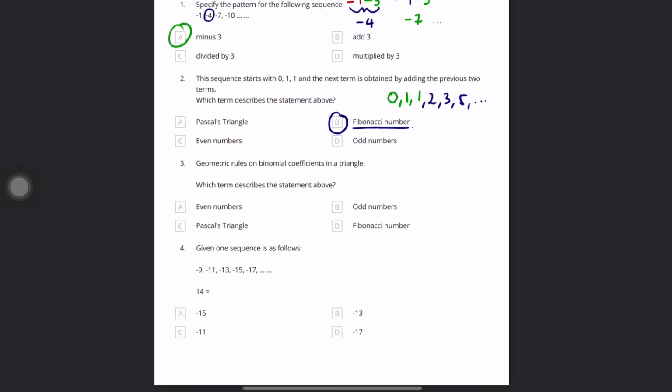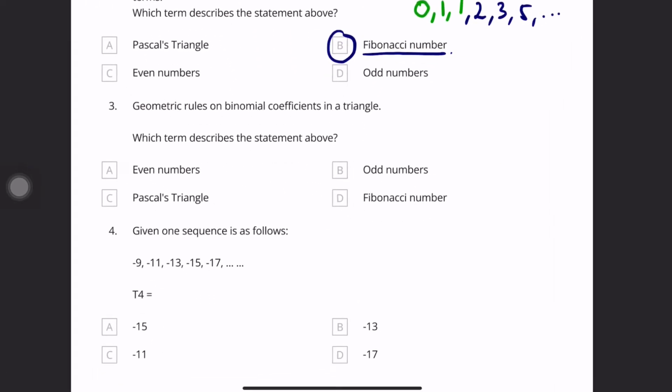Next, let's look at number 3. Geometric rules on binomial coefficient in a triangle. The clue for this question is binomial coefficient in a triangle. When you discover these words, a binomial coefficient in a triangle, this is actually a Pascal triangle.